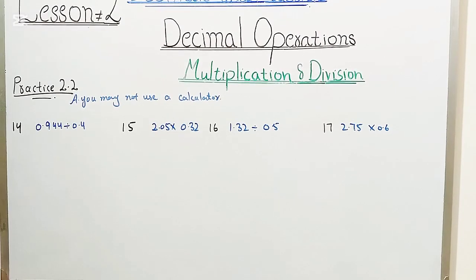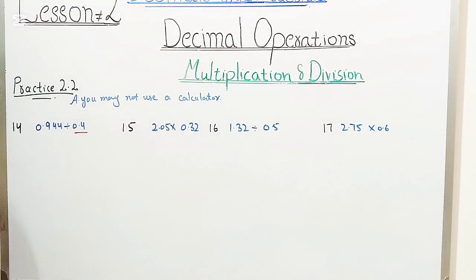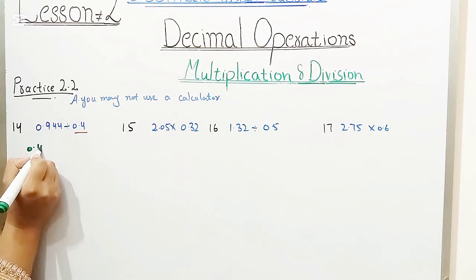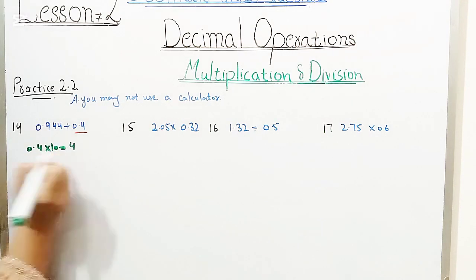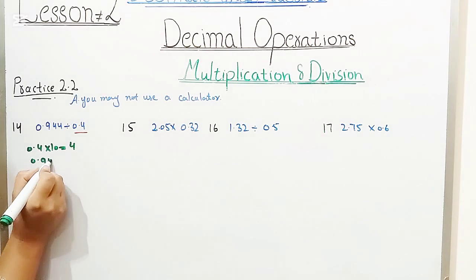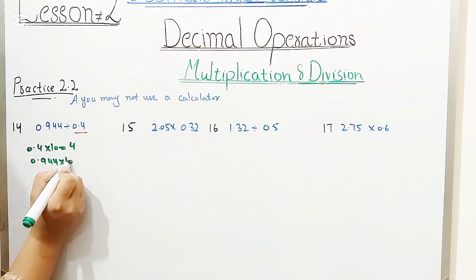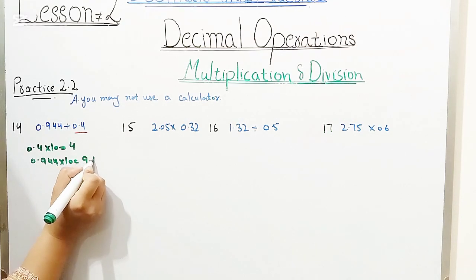Question number 14. 0.944 divided by 0.4. Firstly, there will be no point in the divisor. So I will multiply with 10 to both values. 0.944 multiplied by 10 will become 9.44.